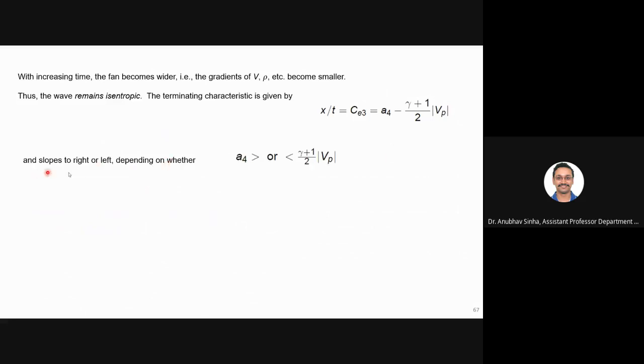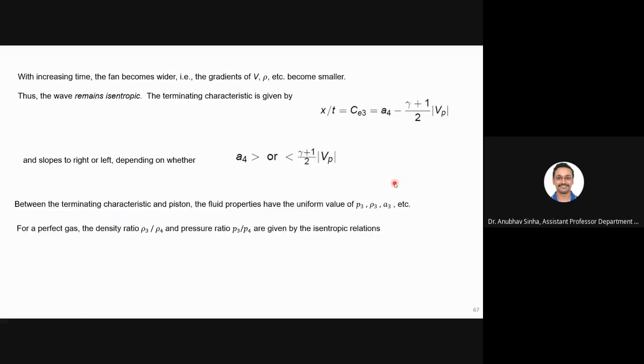Slope is, if you talk from right to left, whether your A4 is more or this is more. Okay, there are two quantities, right? A4 and (gamma plus 1)/2 into Vp. So depending on which one is higher, that will determine your slope.